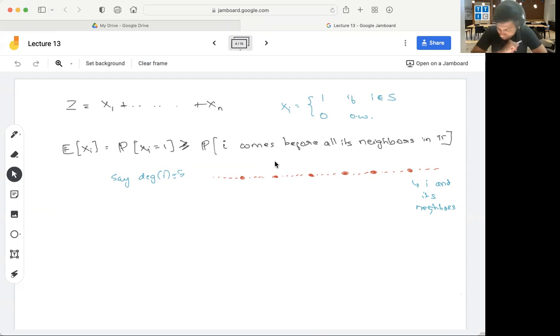Okay. And the probability that we pick I before all its neighbors is easy to calculate, because now we are just looking at the order of these 6 vertices. We don't really care about what happens in terms of the ordering to the entire graph. We just care about what happens to these 6 vertices.